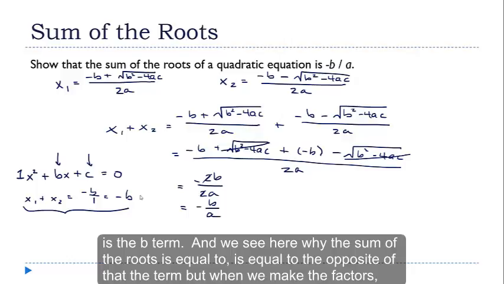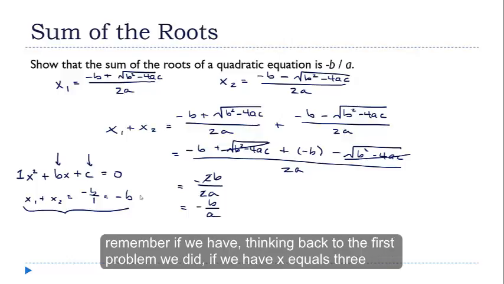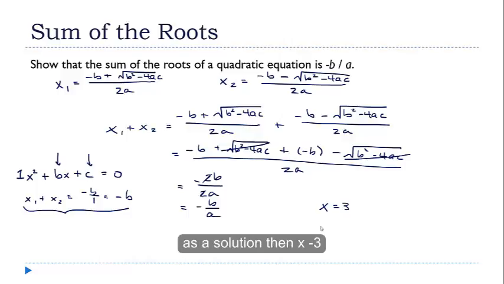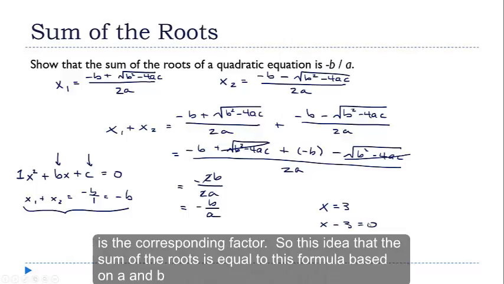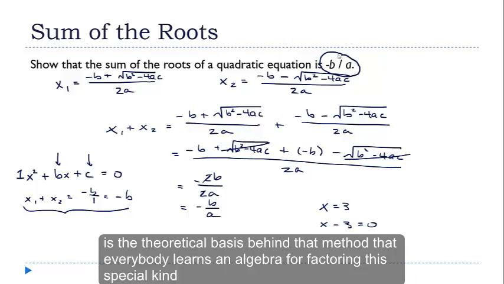But when you make the factors, remember, thinking back to the first problem we did, if we have x equals 3 as a solution, then x minus 3 is the corresponding factor. So this idea that the sum of the roots is equal to this formula based on a and b is the theoretical basis behind that method that everybody learns in algebra for factoring this special kind of quadratic polynomial.